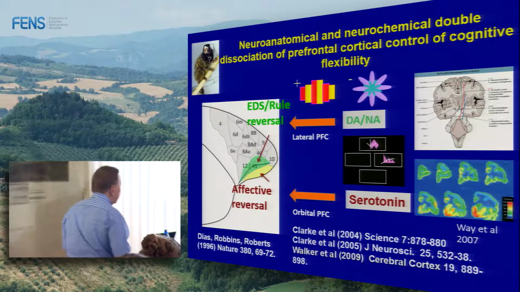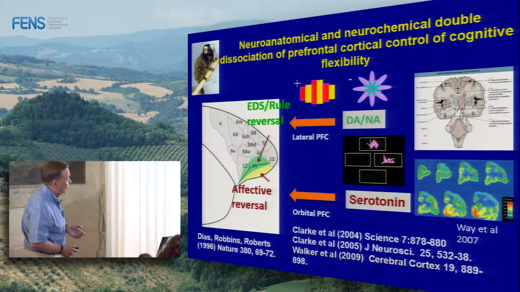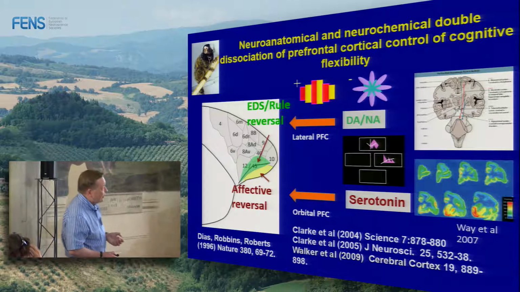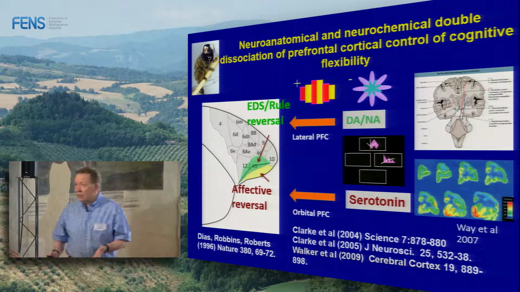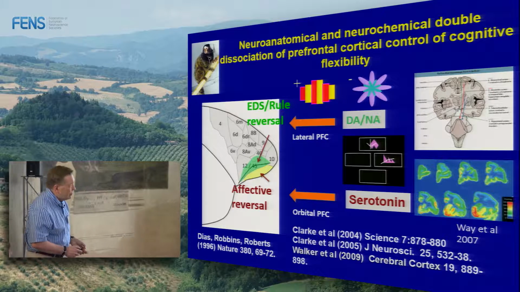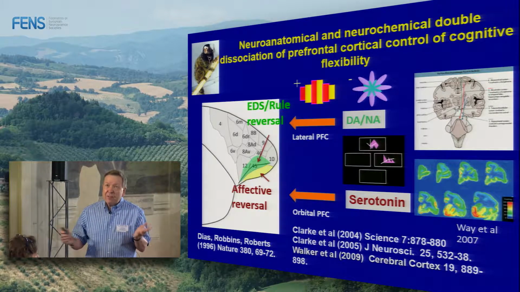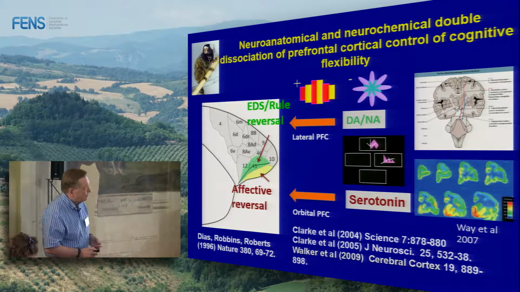These two forms are mediated by different sectors of the frontal cortex. We've shown this in marmoset monkeys. The orbitofrontal cortex is interested in reversal learning, which is rather primitive decision making, and the ventrolateral frontal cortex is interested in conceptual attentional set shifting, this higher order shifting.